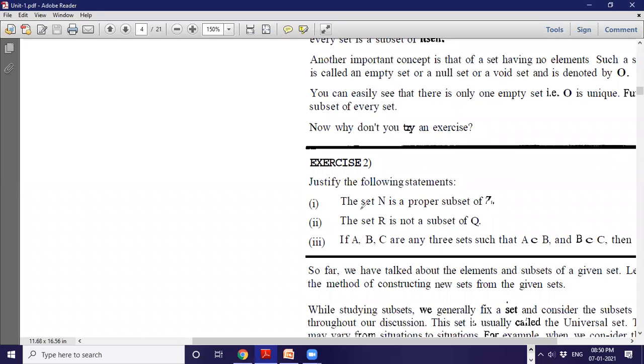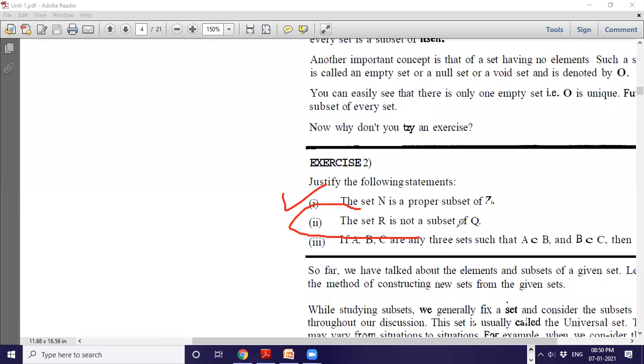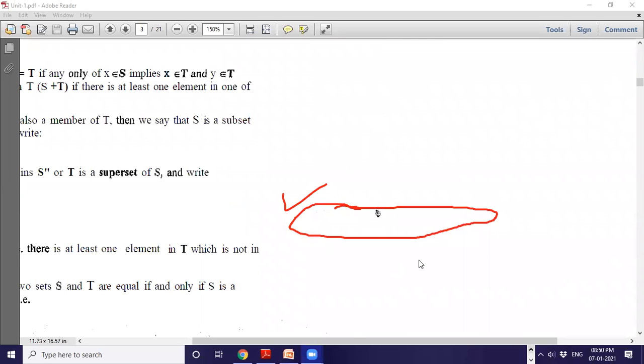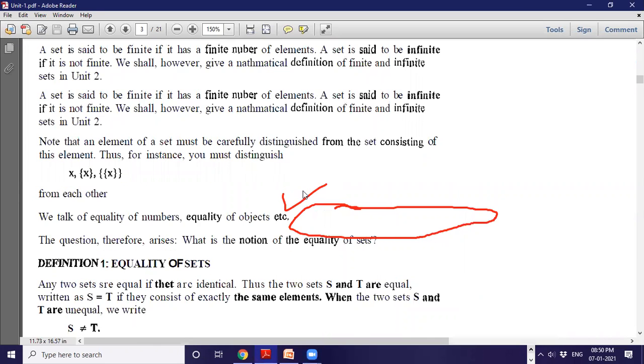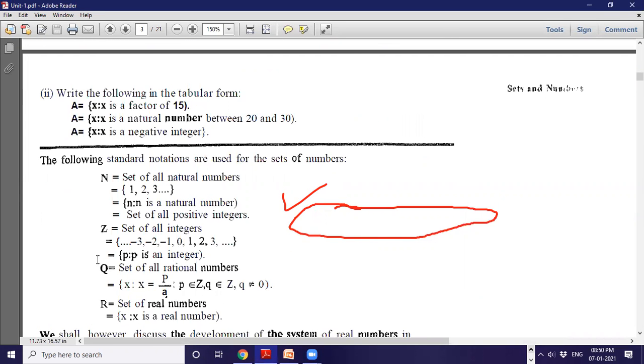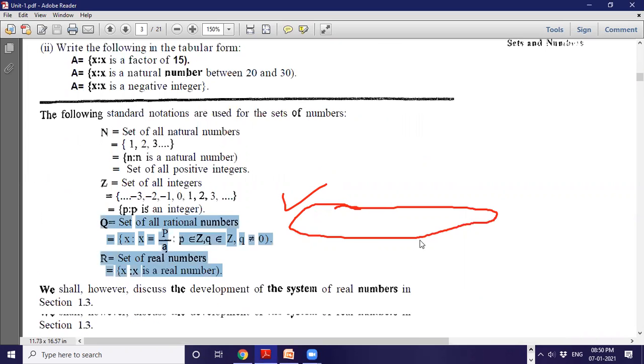Second one, the set R is not a subset of Q. Now, what is Q? Just I have explained, R is for set of real numbers. Q is for set of rational numbers. This question, you will try to solve it by yourself.